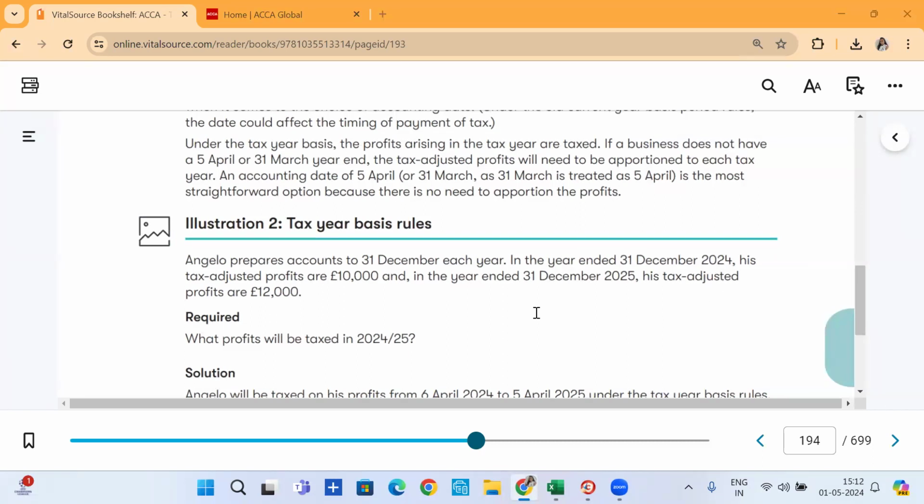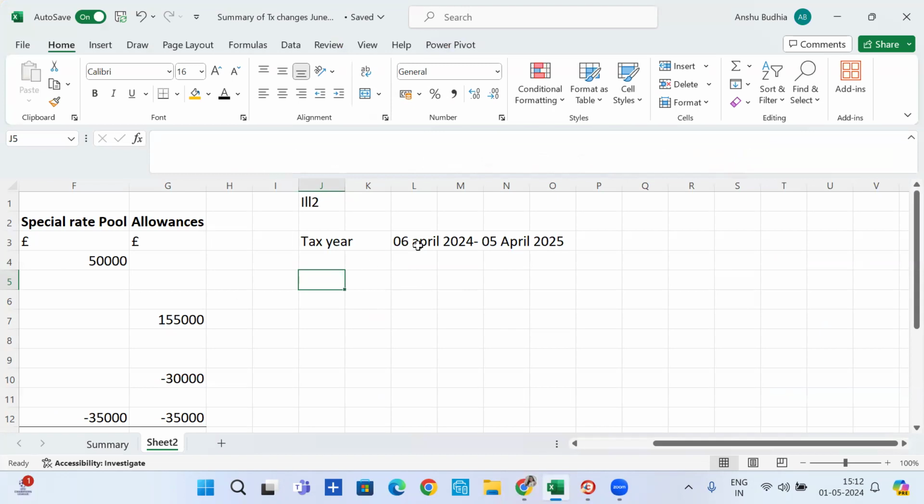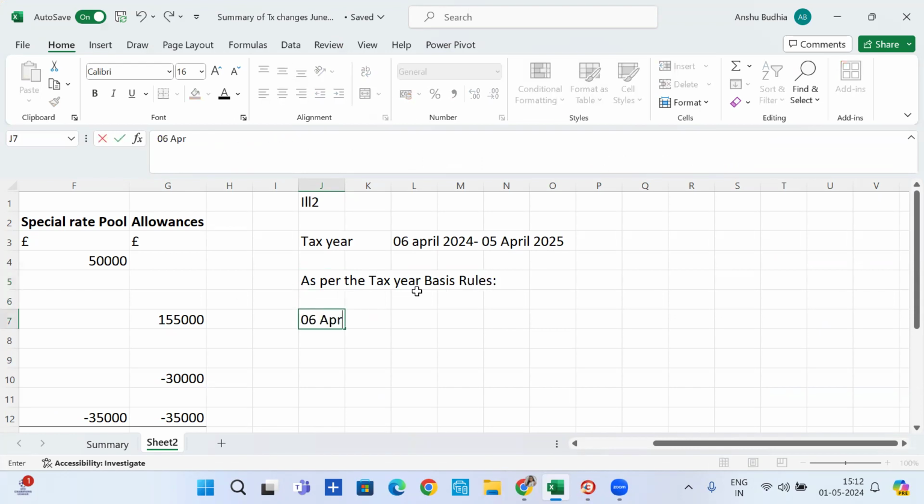So as per the new tax year rules, we will break this period into two periods. First period would be from 6th April 2024 till 31st December 2024. And the next would be from 1st January 2025 till 5th April 2025.